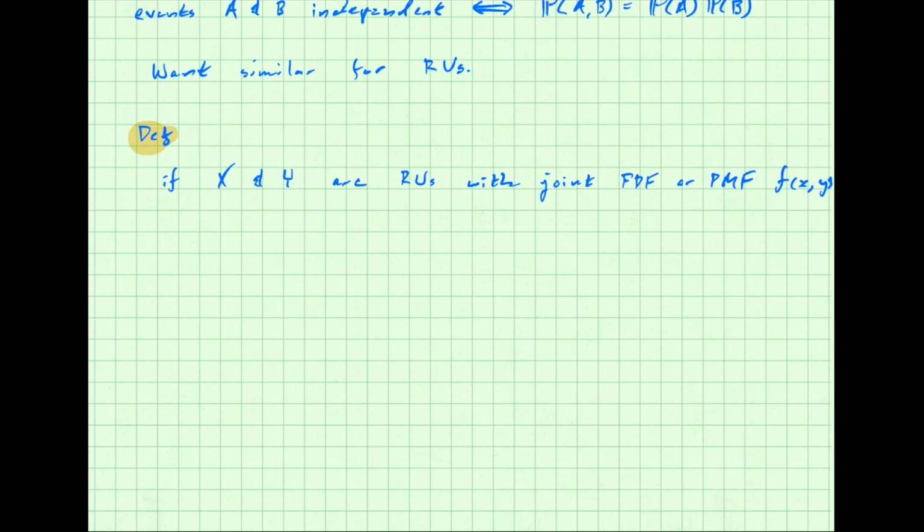Then we say that X and Y are called independent if and only if, so we're going to do the same bidirectional kind of definition here, f of x, y is equal to the product of their marginal density functions.